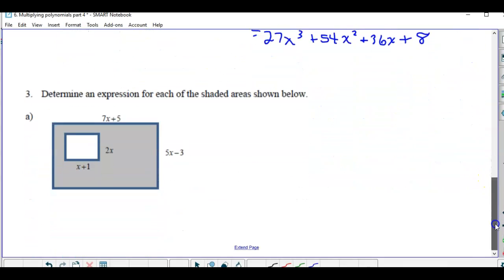Okay, and then the last one, shaded region. It says for each, but there's only one here. So we want to basically get the area of the entire rectangle, which will be length times width.